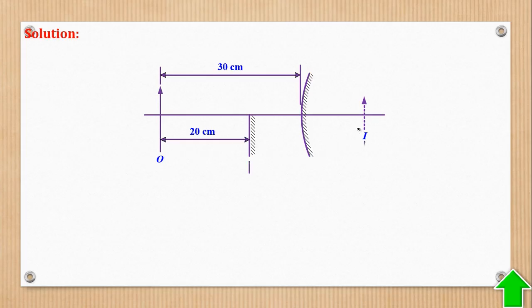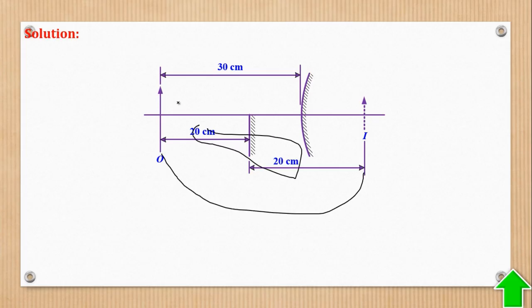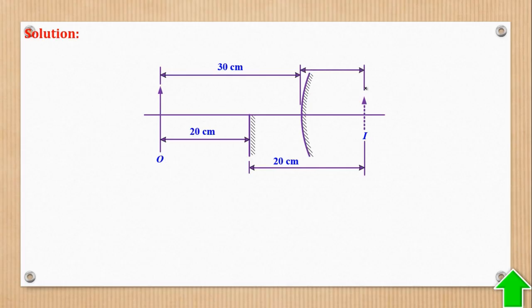So we put our 20 there. Then if from here to here is 40, meaning also from here up to here must be 40. Therefore the balance will be 40 minus 30, which is 10.